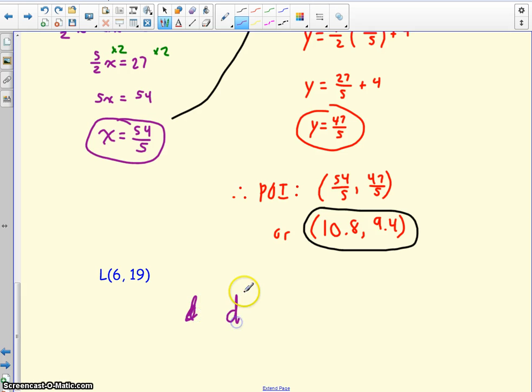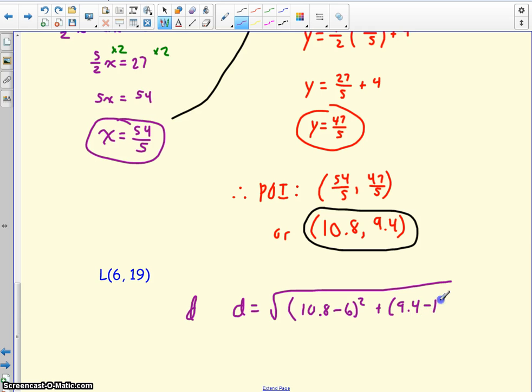So d is equal to the square root of, x2 minus x1, I'm going to have 10.8 minus 6 squared, plus, using my y values, y2 minus y1, 9.4 minus 19 squared. Okay, I'm going to leave this to you. Run this through your calculator, make sure you can get the right answer.